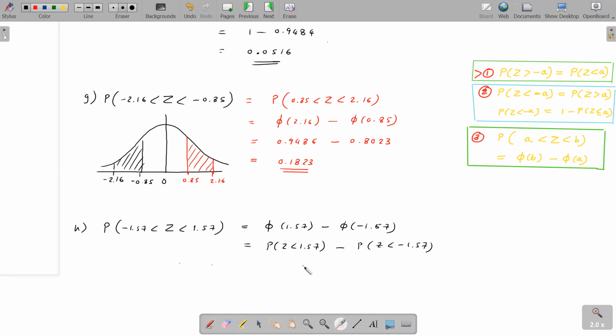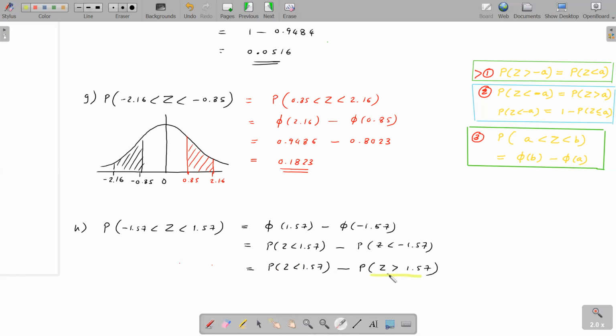Less than is the familiar probability for us, so I'm not going to change anything in phi 1.57, because I can get this directly from the table. A positive figure is what we require. But this one we need to change because it is Z less than a negative value, and negative values are not in the table. So how do you convert negative to positive? The inequality mark flips, negative becomes positive.